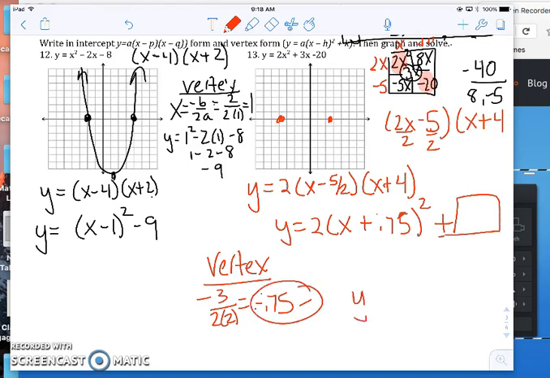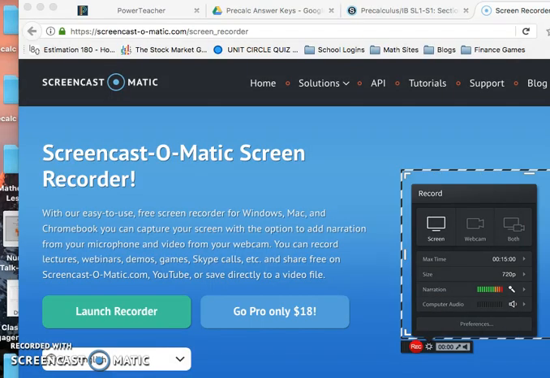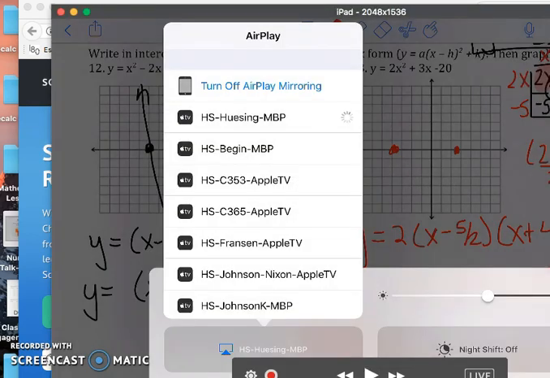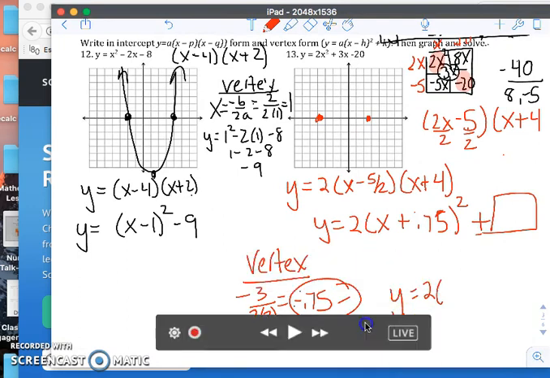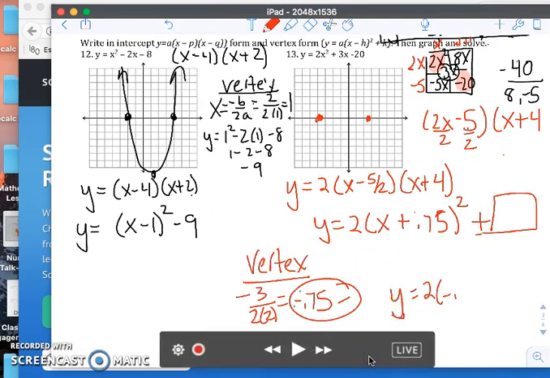So you plug that in, negative 0.75 squared plus 3 times negative 0.75 minus 20. Whatever value you get, that is your y-coordinate.